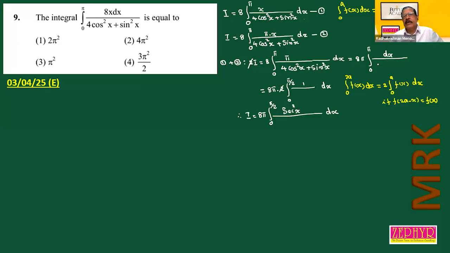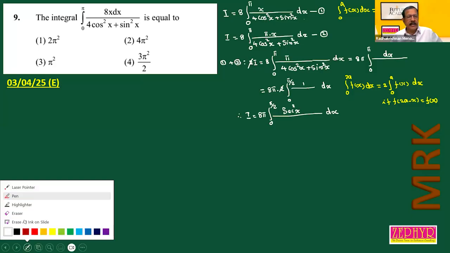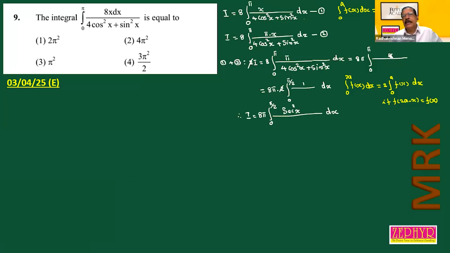Okay, here when you divide by cos squared x, you have got numerator sec squared x dx. Right, I tell you that. Here sec squared x dx, denominator 4 plus tan squared x. There is no need to change twice.